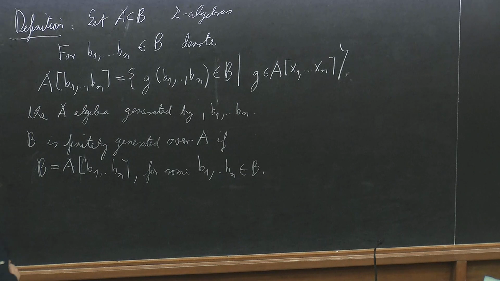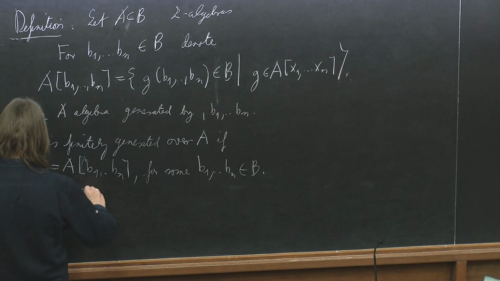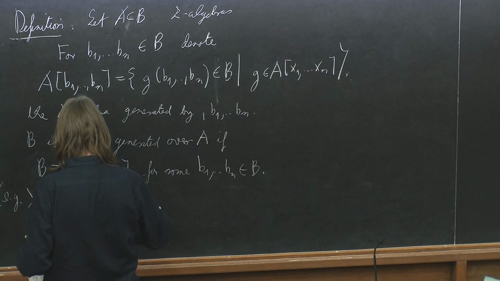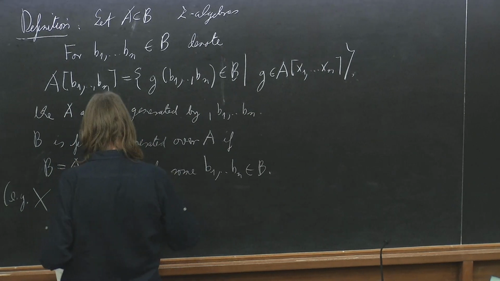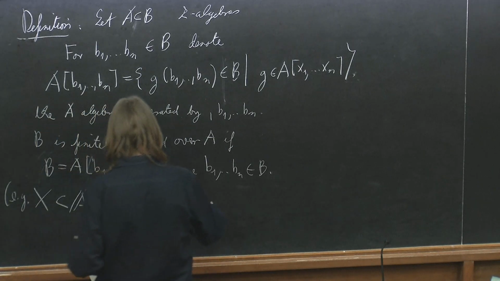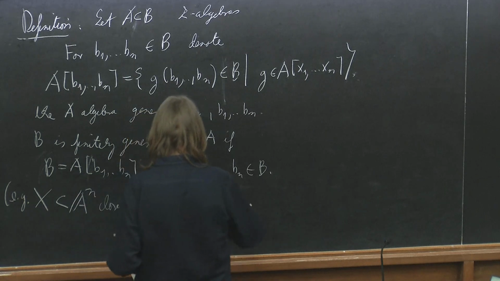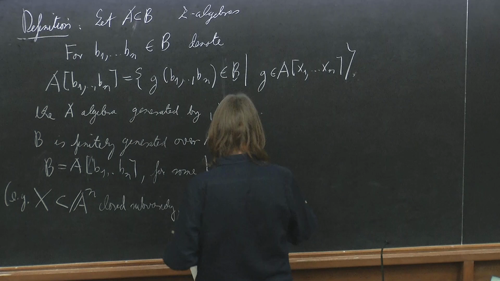For instance, if X is a closed subvariety, then if I take the coordinate ring of X, this is a finitely generated K algebra.